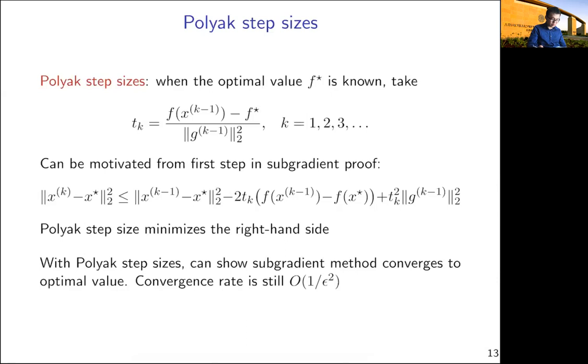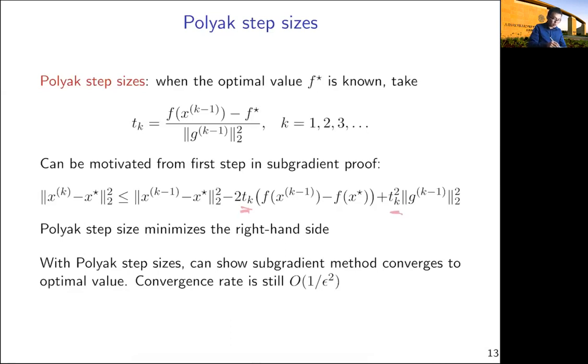Okay, so this bizarre looking choice of the learning rate is definitely data adaptive, because it only requires you to evaluate the objective function value and construct one particular subgradient. It's clear when we look at the first step of the convergence proof. Notice that you have this t_k here, and the t_k square here.